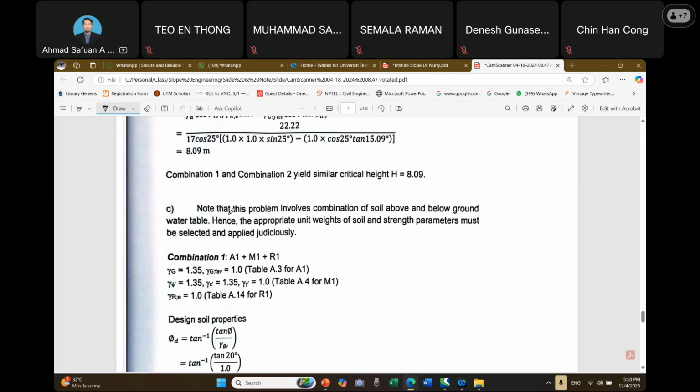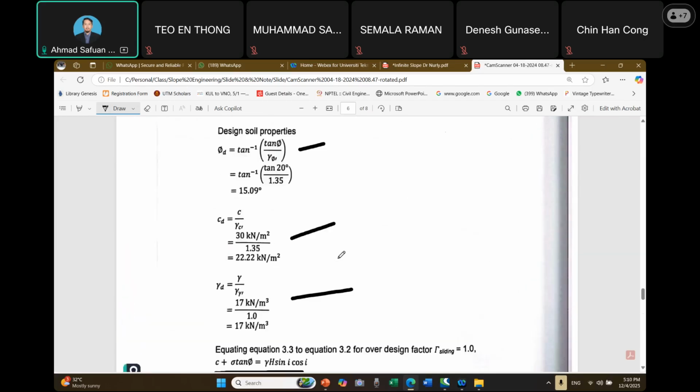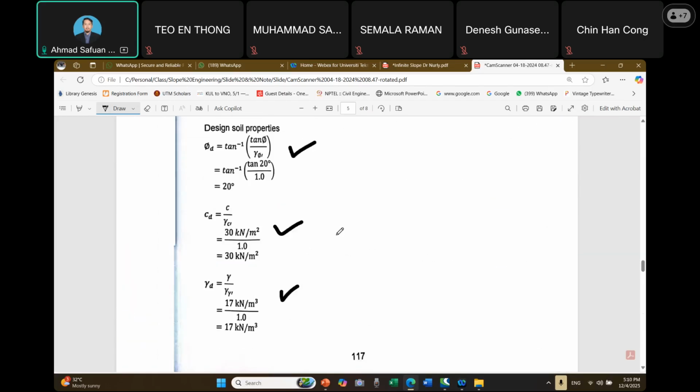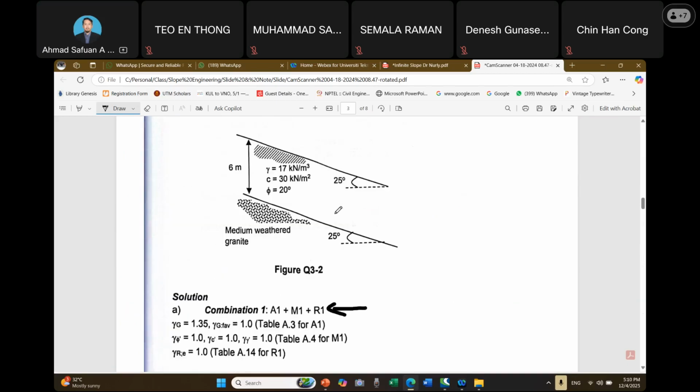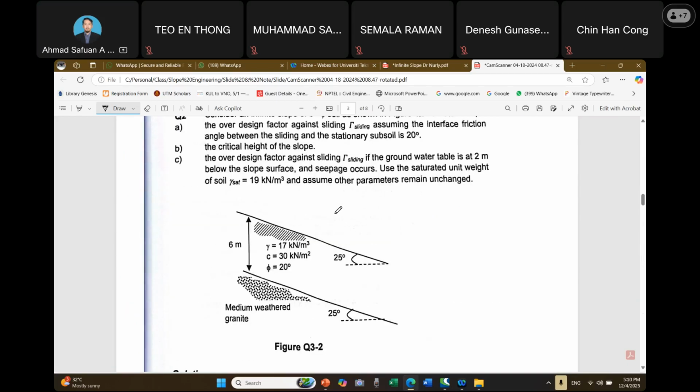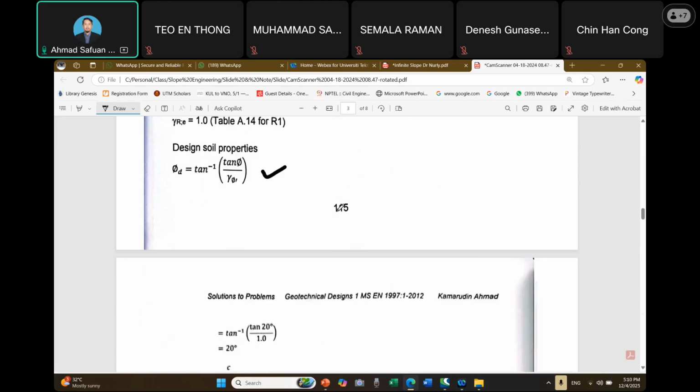Now we look at part C. For C, the groundwater level is at 2 meters below the slope surface, then we have a saturated unit weight of 19.